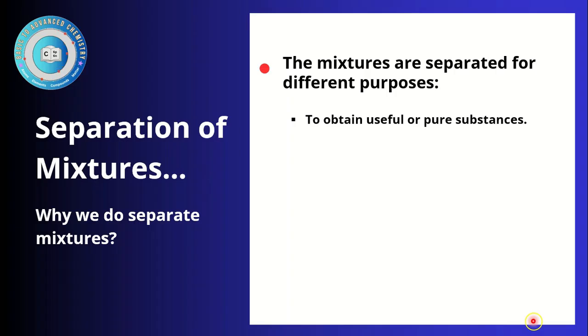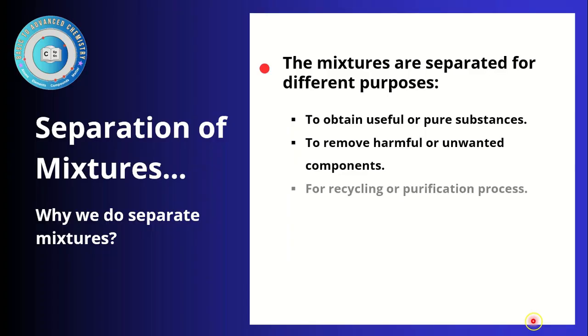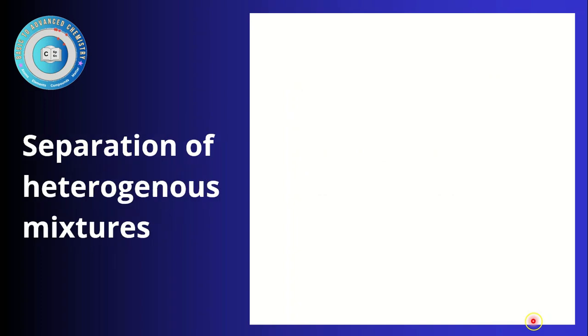The first one is to obtain useful or pure substances, to remove harmful or unwanted components, for recycling or purification processes. So let us see how to separate the components of heterogeneous mixtures.